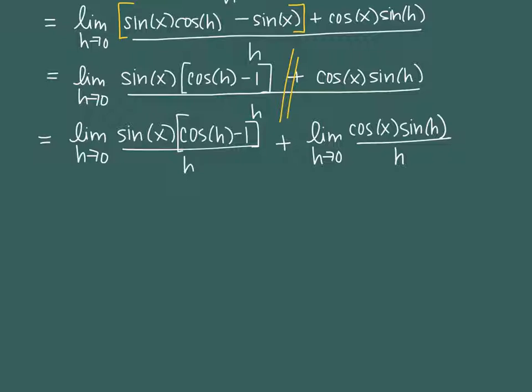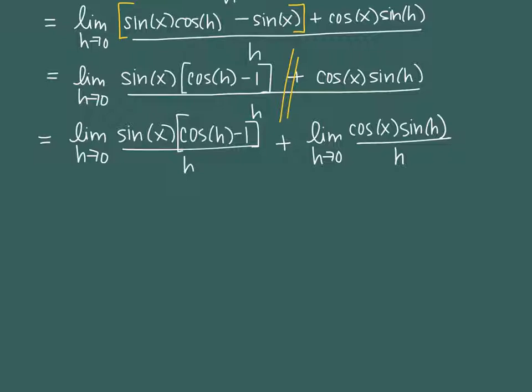What's the variable here? What's the variable that's changing, that's approaching? H or x? H. H is the variable. So x isn't a variable right now, x is a constant. And what can we do with every constant in a limit?